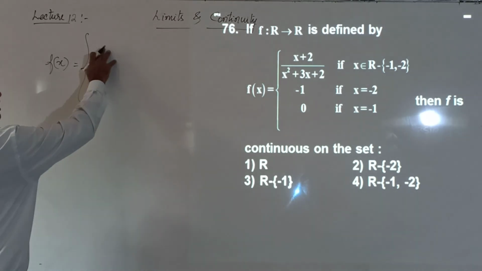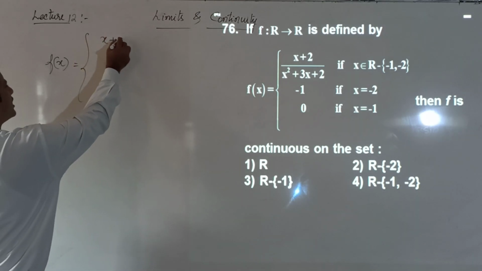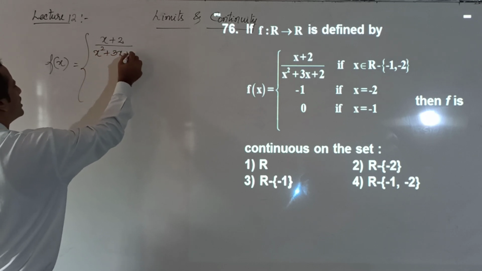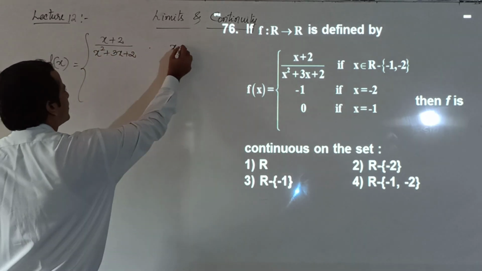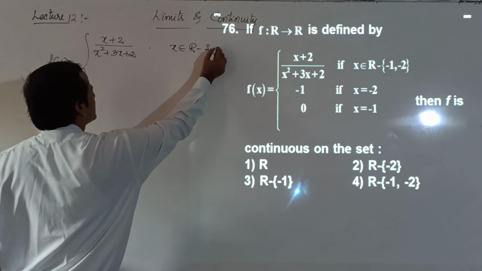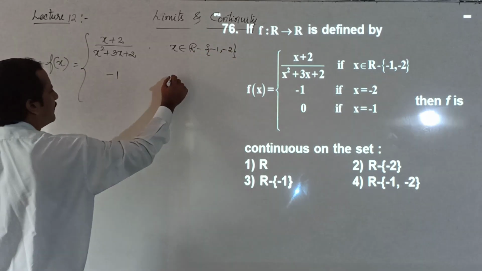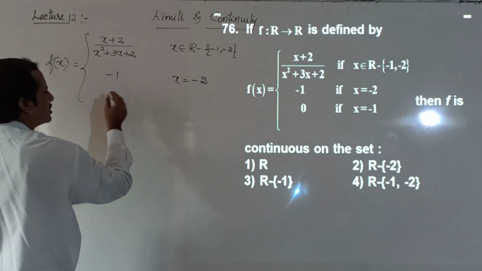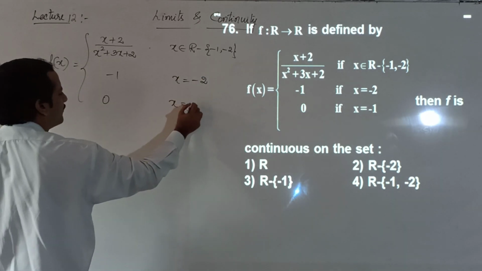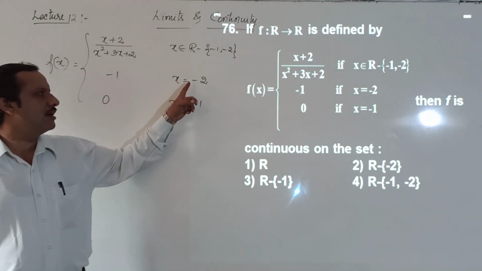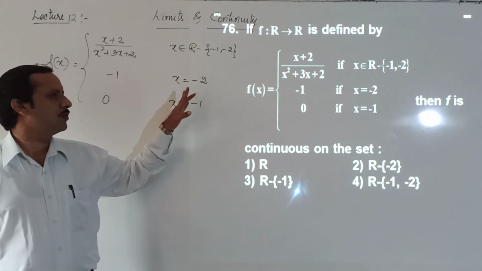So f of x is equal to (x + 2) divided by (x square + 3x + 2) when x belongs to R minus {-1, -2}. It is minus 1 if x is equal to minus 2, and it is 0 if x is equal to minus 1. See, at these 2 points, what happens?